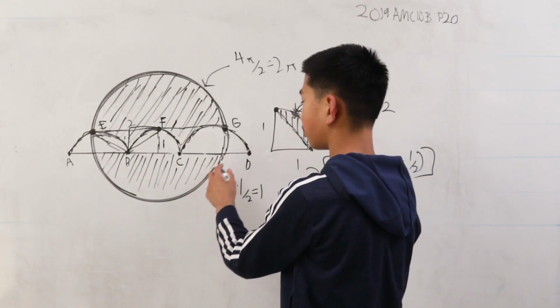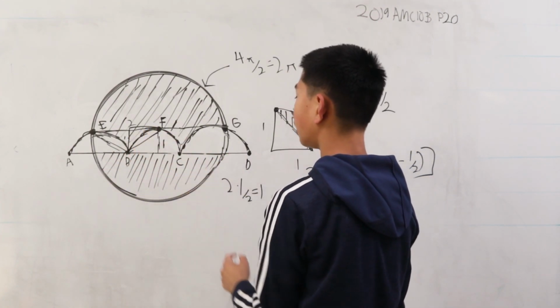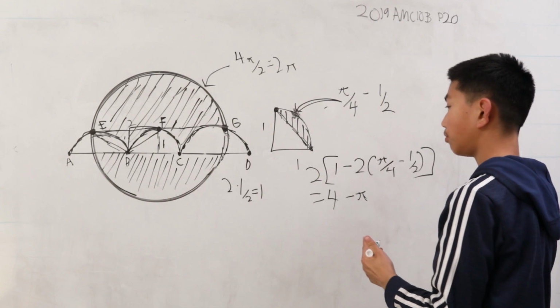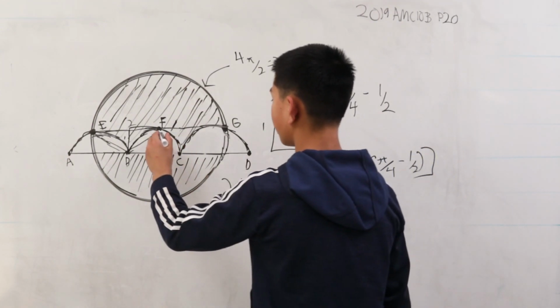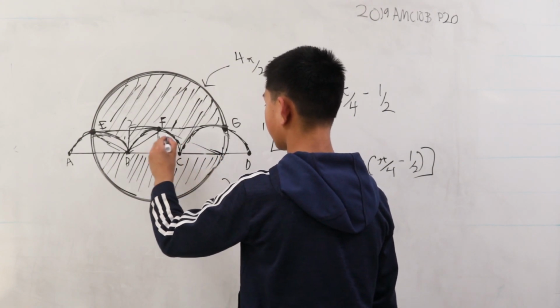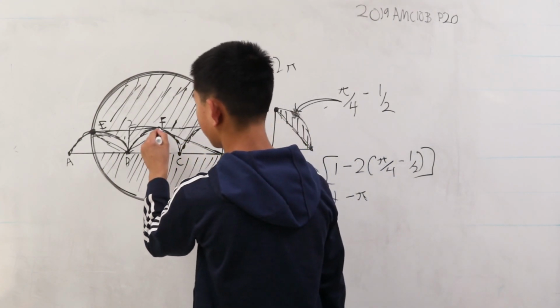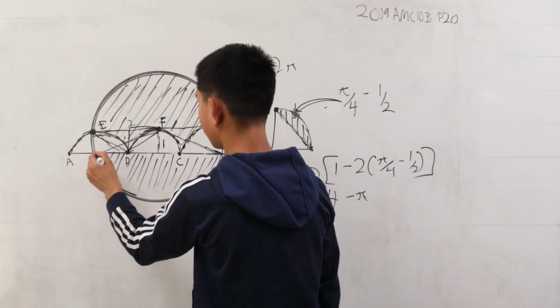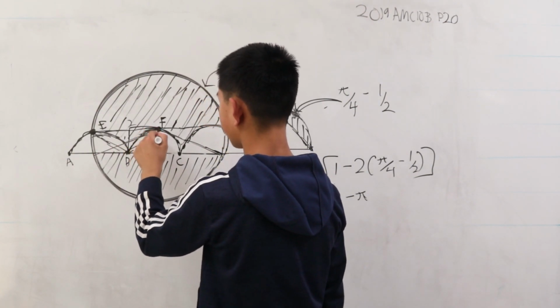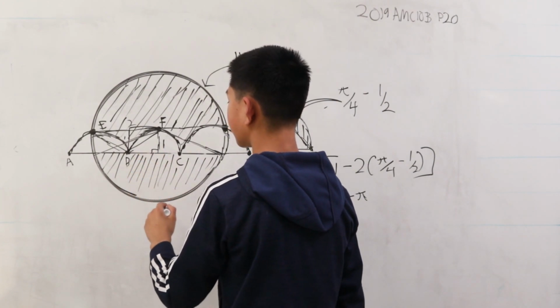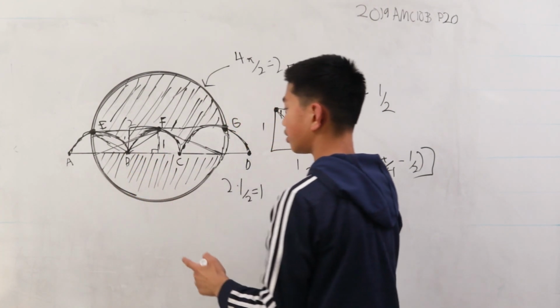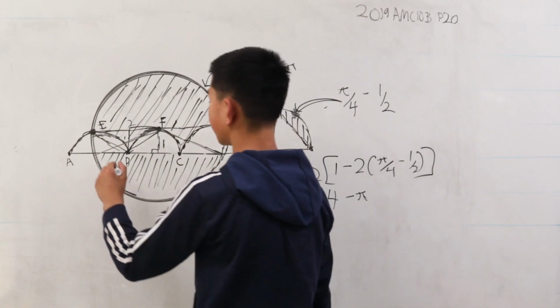Now we just have to find what this is. That might be a bit harder, but we can do it. Since this is an arc, we can draw lines like this to the edges, and this is an arc of 60 and 60 degrees. Since this is a 90-degree angle, we notice that this is a 30-60-90 triangle.